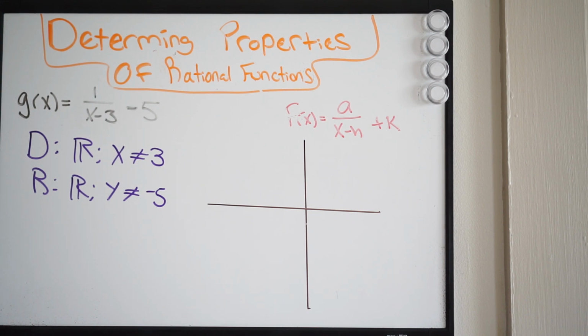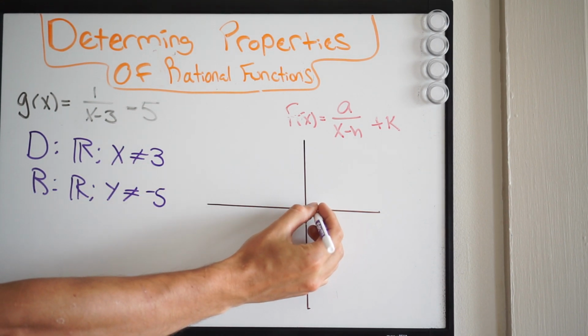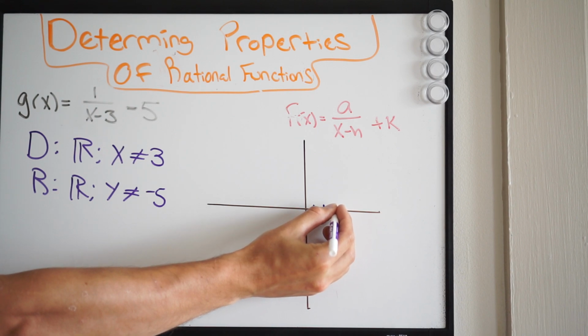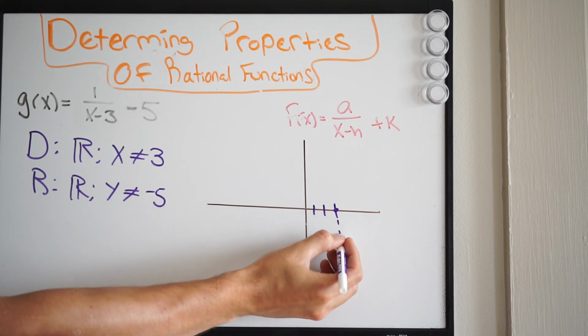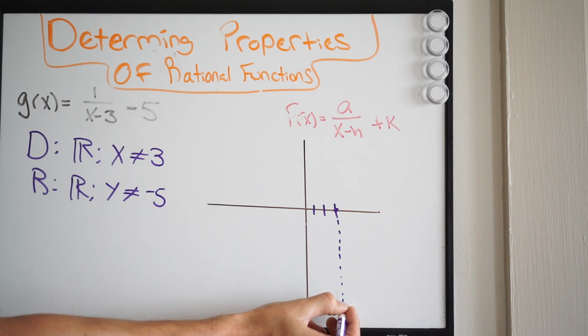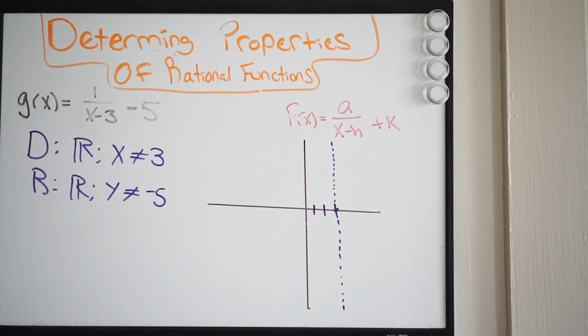So what I'm going to do here, and we'll do this in a different color, at x at +3, so 1, 2, 3, we're going to make a vertical dashed line. So the domain coincides with the vertical asymptote.